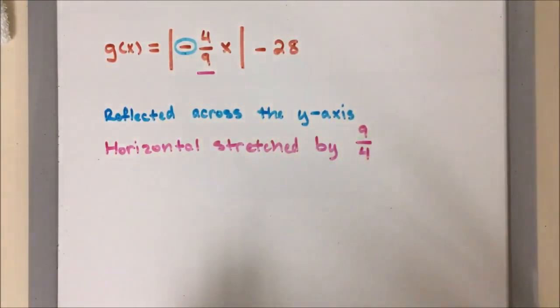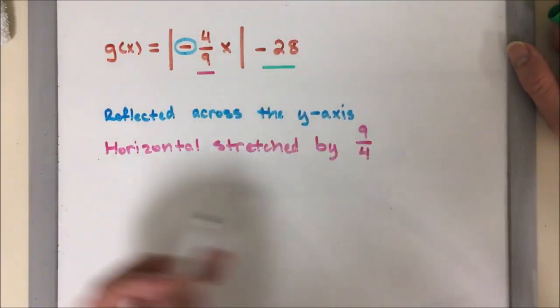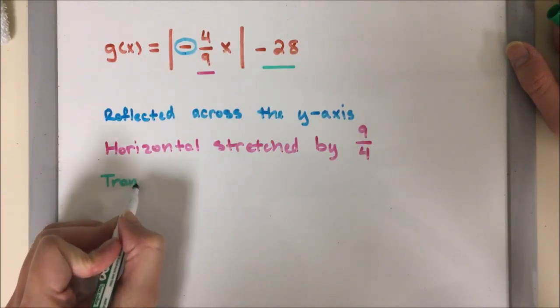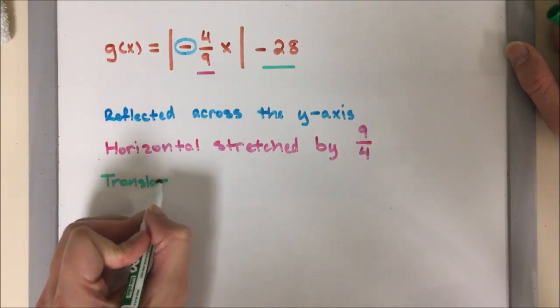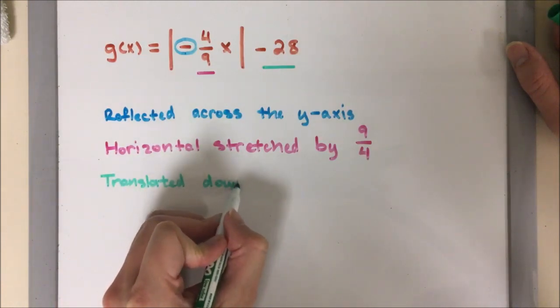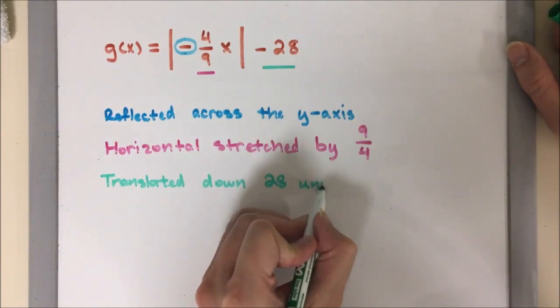Last, we have the minus 28, which is behind the absolute value. So this is going to be translated down 28 units.